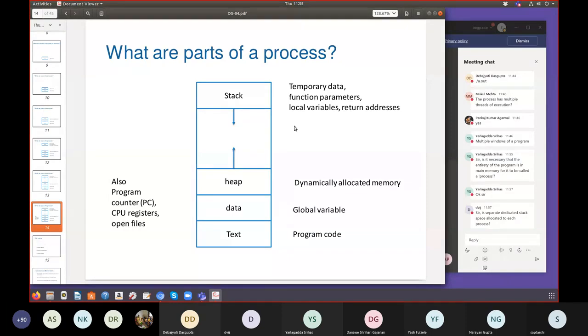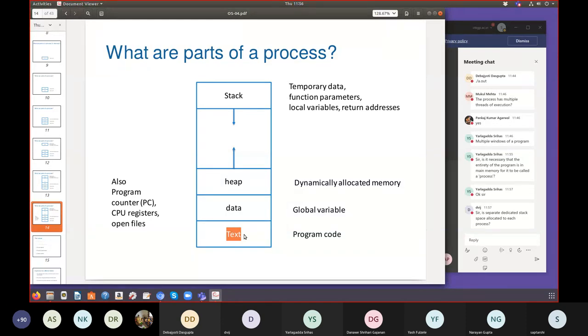Okay, so that is how a process looks like in memory, abstractly. Right, it has its own text, data, heap, stack, etc. And as I said, several different processes can actually use the code of the same program. So it is possible that this text portion is the same for many processes, for example when many instances of the same program are running, or many users are using the browser.